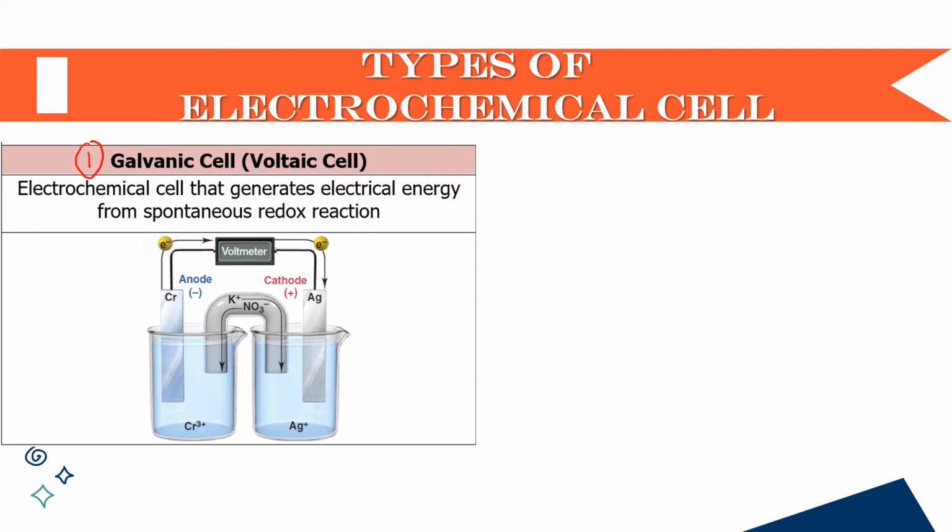In other words, it is from chemical energy to electrical energy. In the galvanic cell, we produce electricity from the chemical reaction. That's the first one.